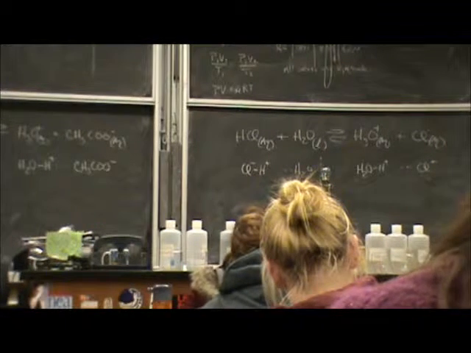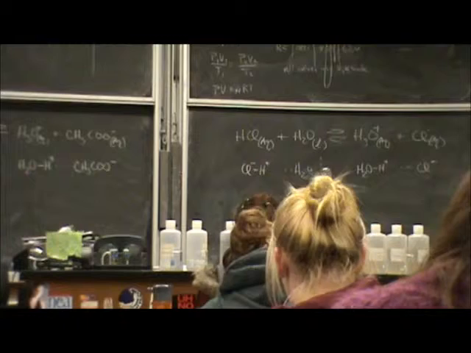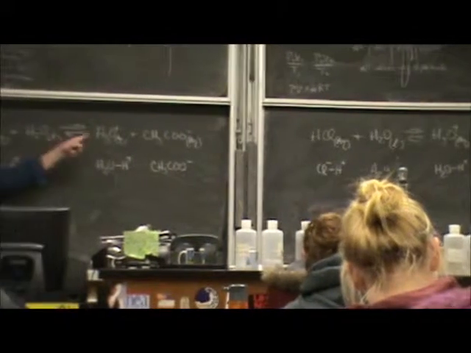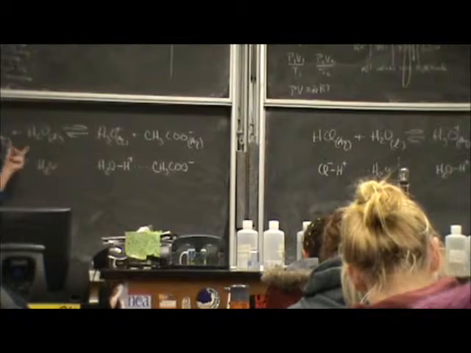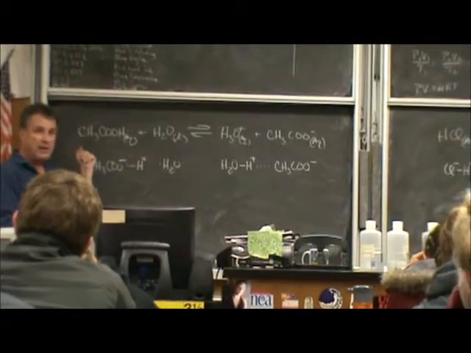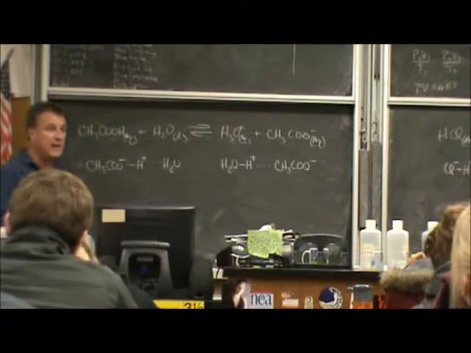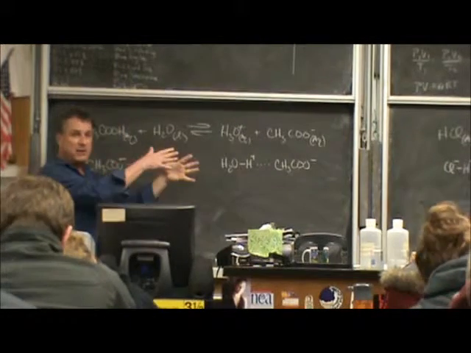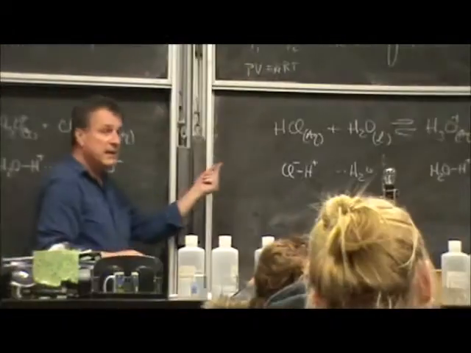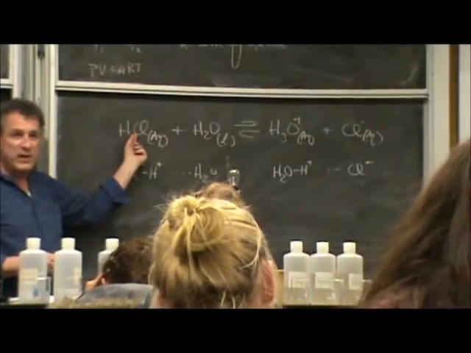About 1% of the acetic acid molecules, when we make a dilute solution like this, end up producing ions. 99% remain as neutral molecules in solution. That's why this is a fairly weak electrolyte. To what extent do the molecules break up to form ions when we dissolve them? The situation is roughly reversed here.